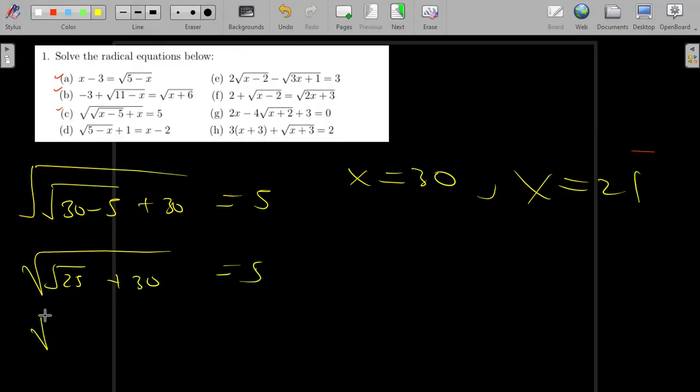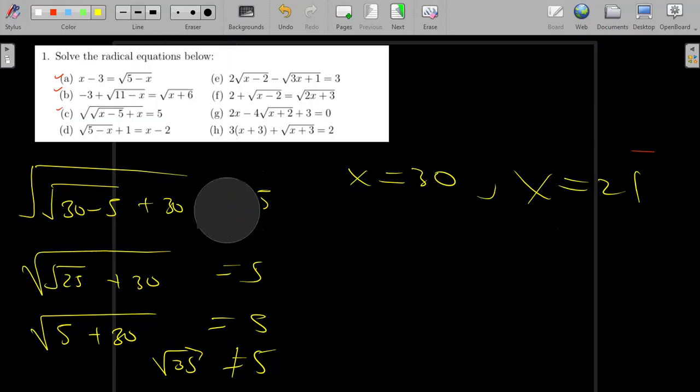So this is just going to be 5 plus 30, and you have your 5 there. So 5 plus 30, what is it? It's 35. So root of 35 is equal. I already know that this is not gonna be the same. So this here will not be a solution. Let me test the other one.